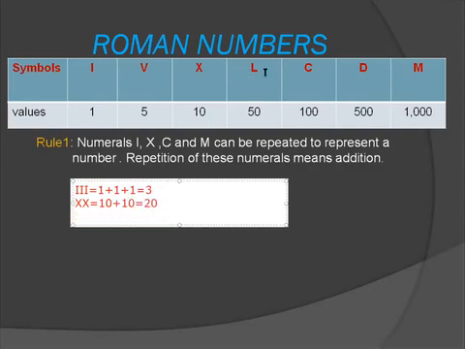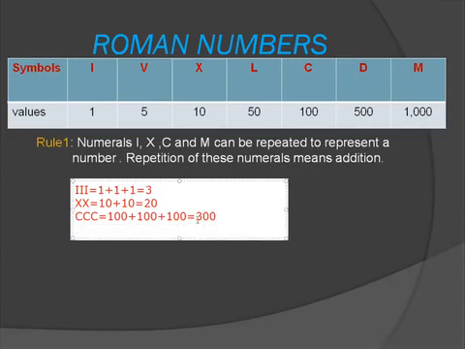Same way with C. Here 3 C's are given, which means 100, 100, 100. So how much will it become? 300.